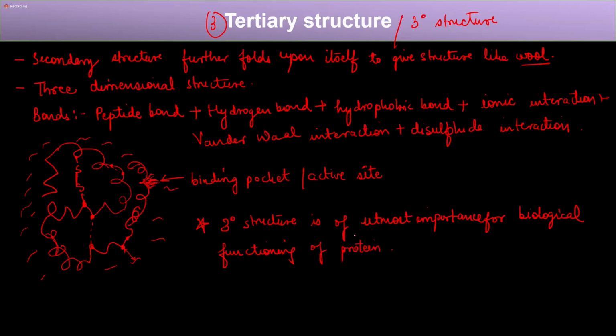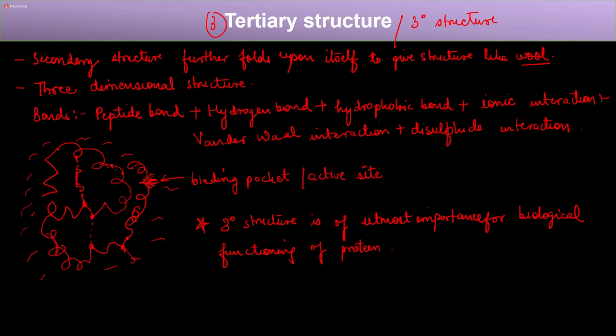So tertiary structure is important for the biological functioning of a protein because, as you can see, it is forming a binding pocket or active site on which the substrate will bind and further biological function will take place, that we will see in detail. But for now, you remember that it is very important for the biological functioning of protein.